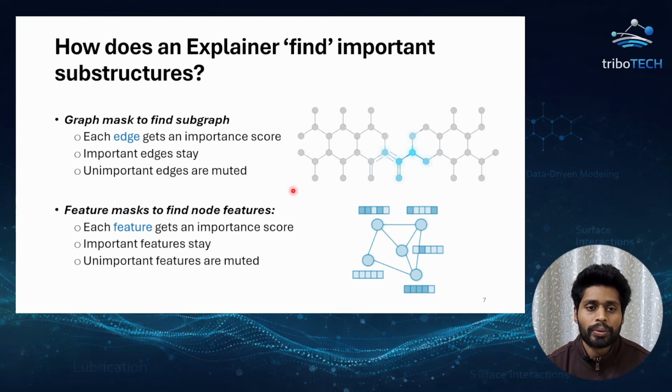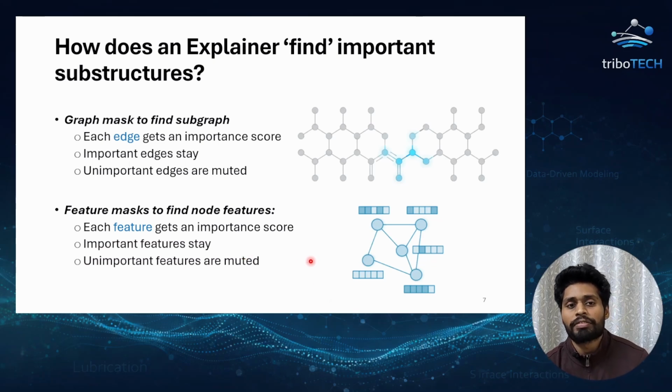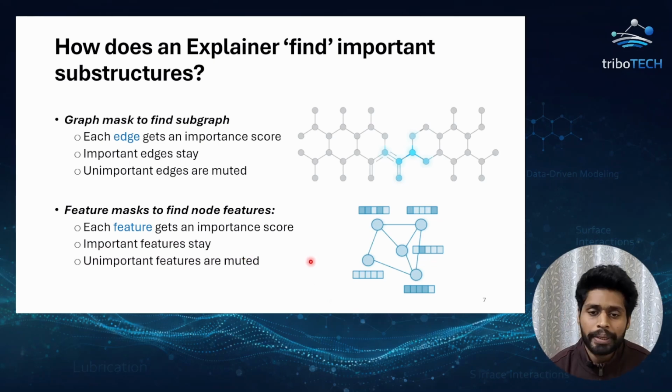During this process, important edges stay and unimportant edges are muted. In GNN Explainer, we try to identify important subgraphs as well as important node features. So for node features, we have a feature mask, where the process is just the same: each feature gets an importance score just like edges, and important features stay, whereas unimportant features are muted.